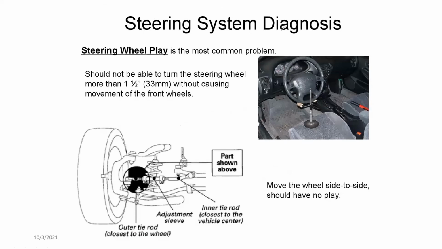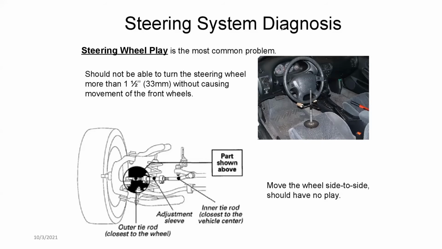Steering wheel diagnostics. One important thing is that the steering wheel has a small play. That play is necessary because when the vehicle is traveling, the wheel hits potholes and everything. In order for that not to travel back to the driver, this play is there, but it should be around 33 millimeters, so 1.5 inches.